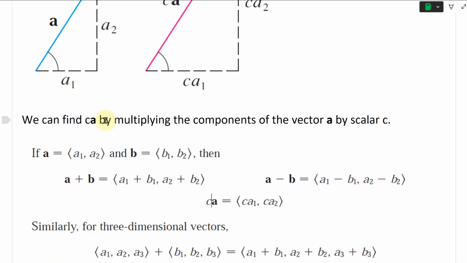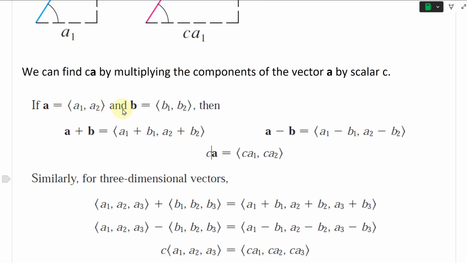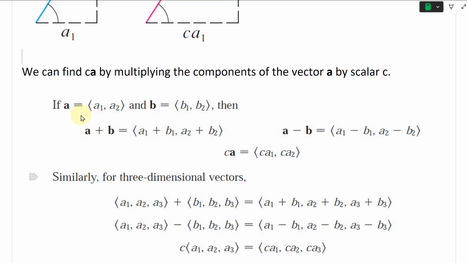All right, and we can find CA by multiplying the components of the vector A by the scalar C. So if A equals A1, A2, and B equals B1, B2, this was added earlier for the addition, but you could also do the same thing with subtraction. So A minus B, you can just subtract the components.